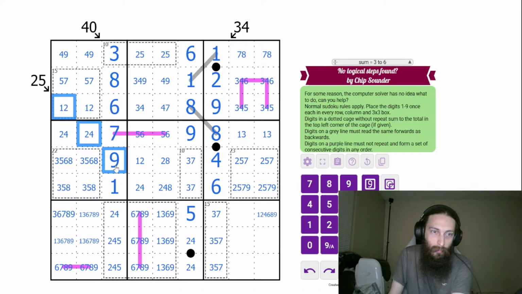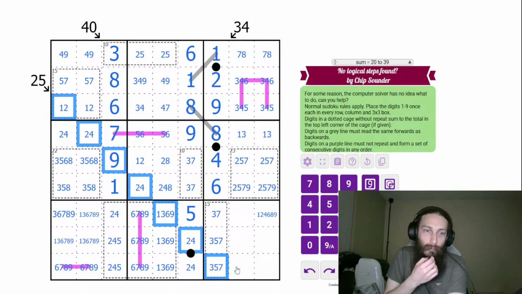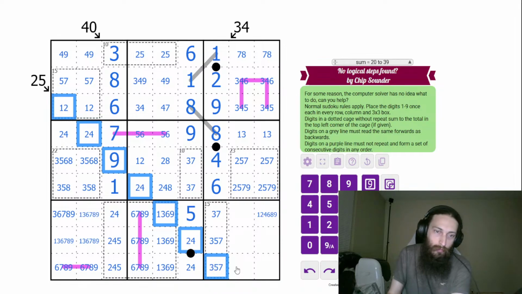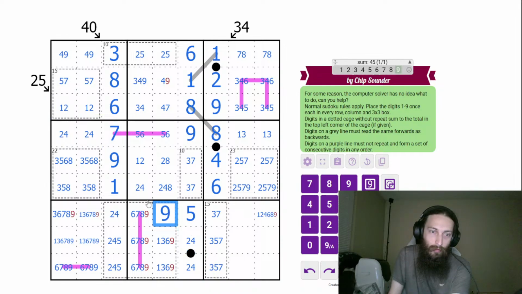Ten less than maximum here. 5 more than minimum. Which means this one can't be a 9, because then we'll get up to 28.